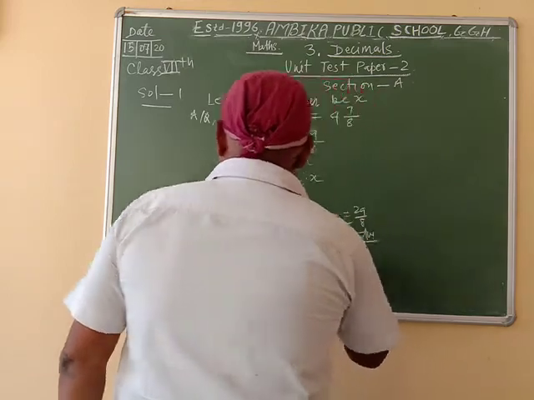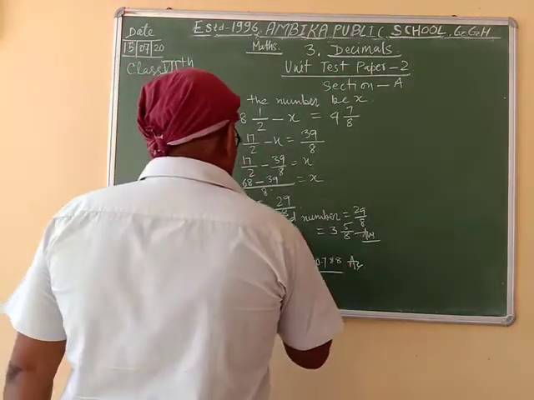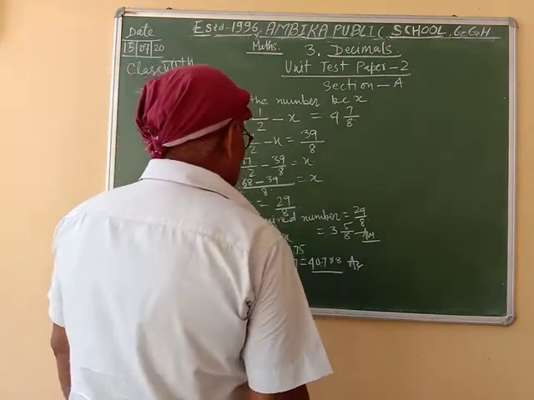If we add 40.788 to 39.587, then we get 80.375. So in question 3, the required number is 40.788.